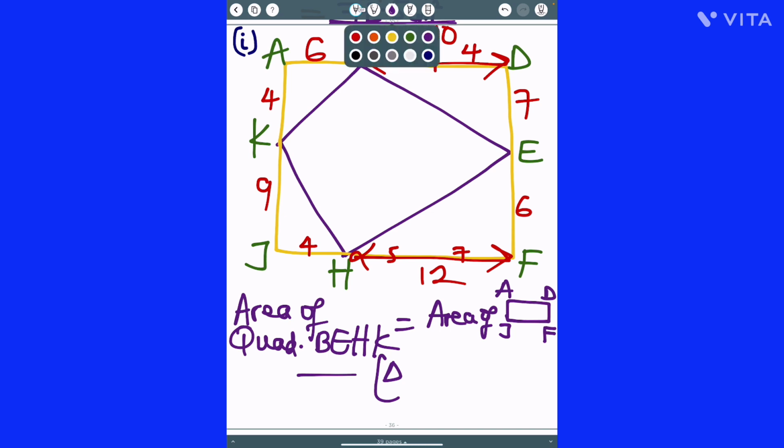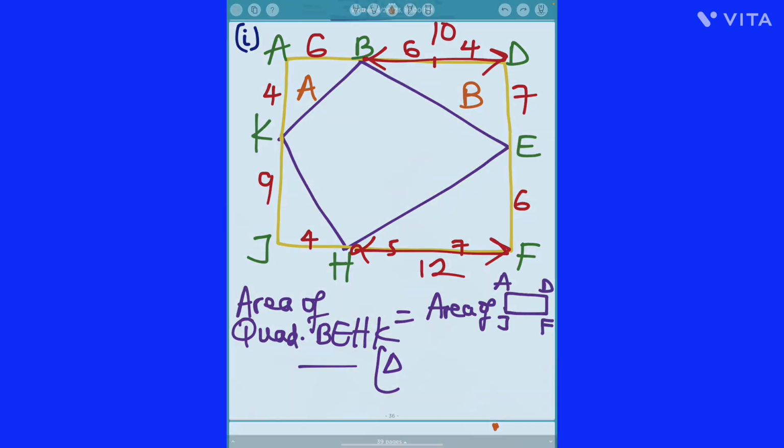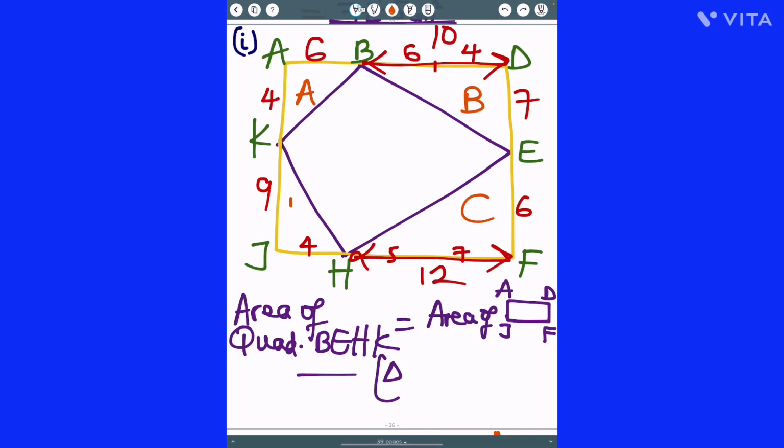Let's just use letters for our triangles, so we won't have to define too much. Let's use orange. Triangle A, triangle B, triangle C, and triangle D. It doesn't matter where C or D was before. So plus the area of triangle A plus triangle B plus triangle C plus triangle D.